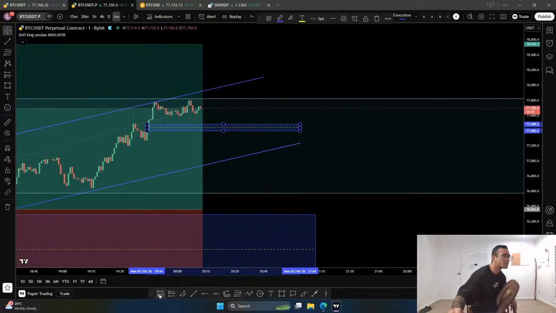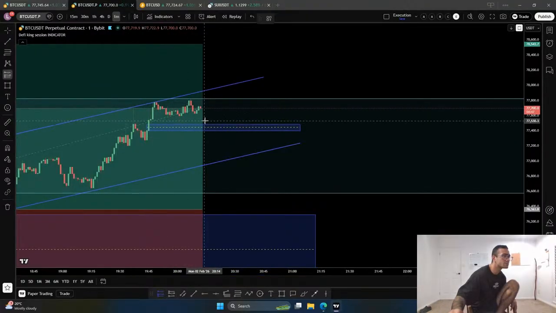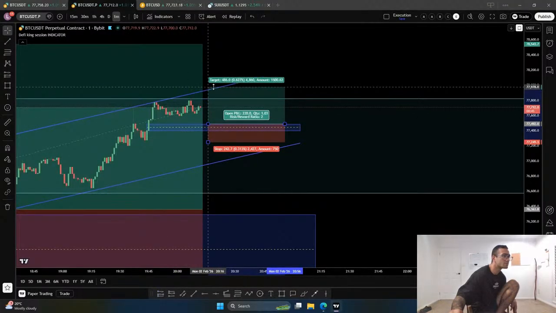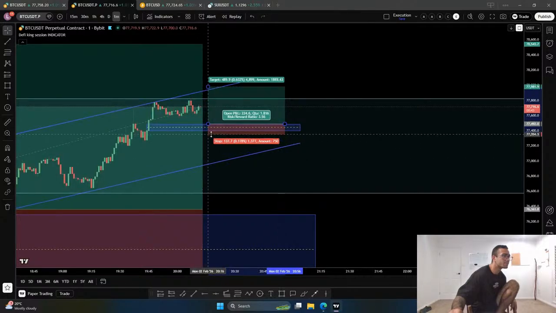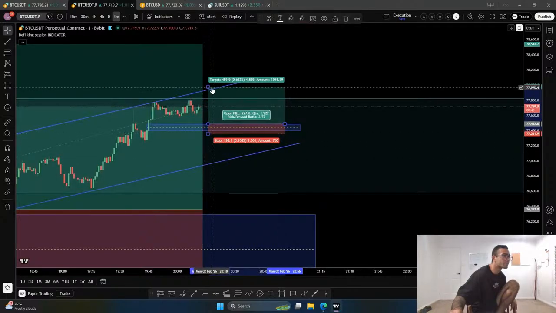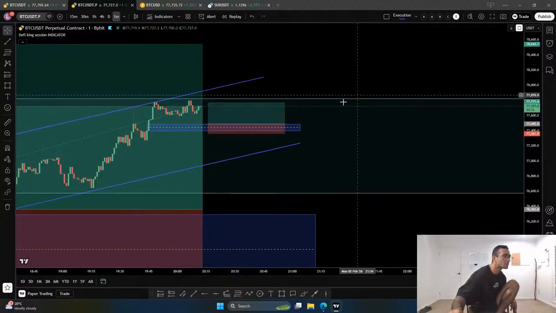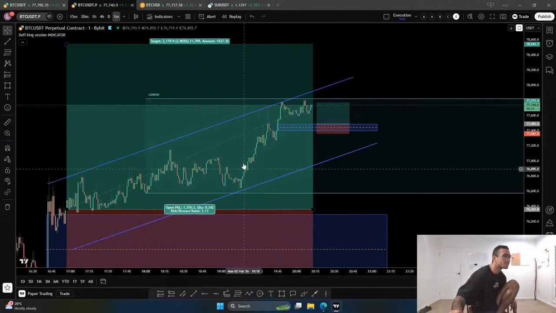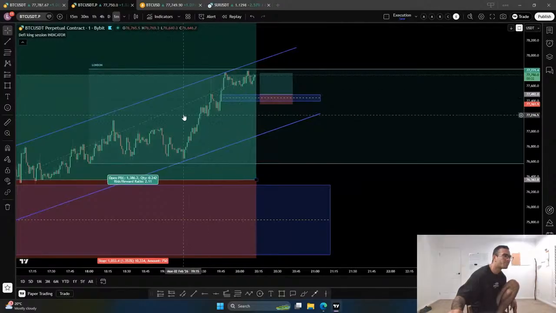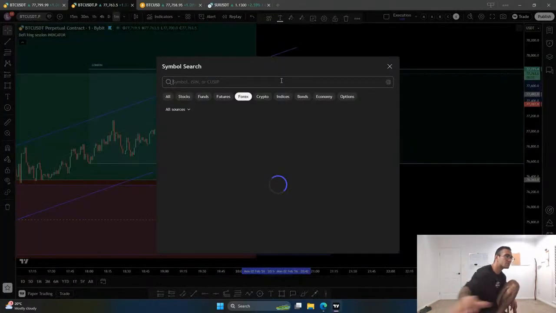So we could either break through. If it comes down and taps, we will just the 2 to 1 though. Or we could be looking for sells.